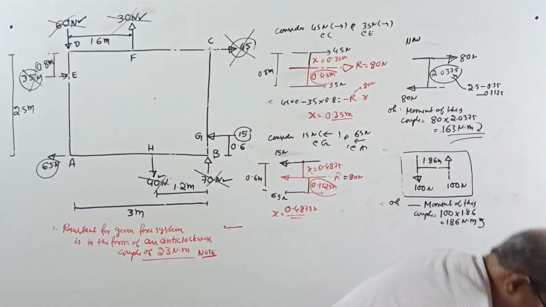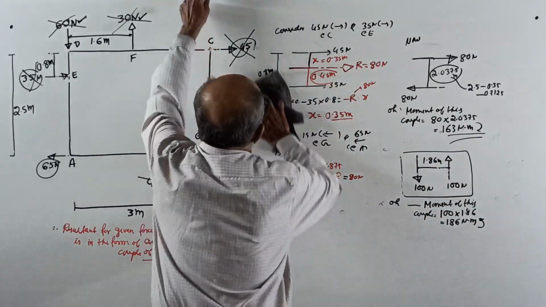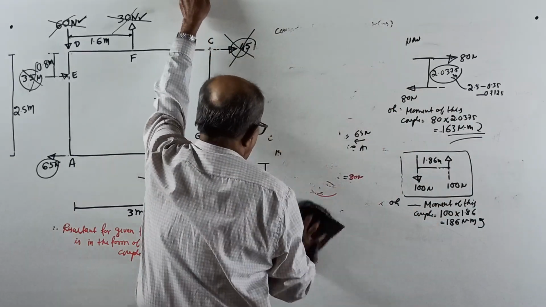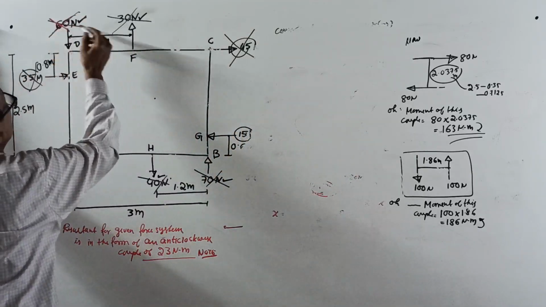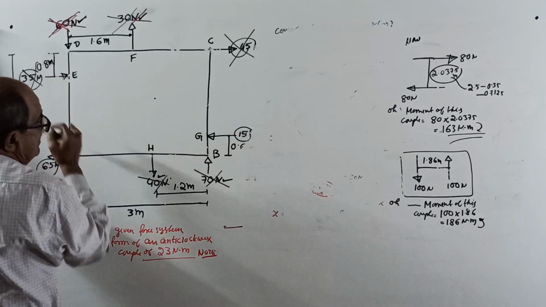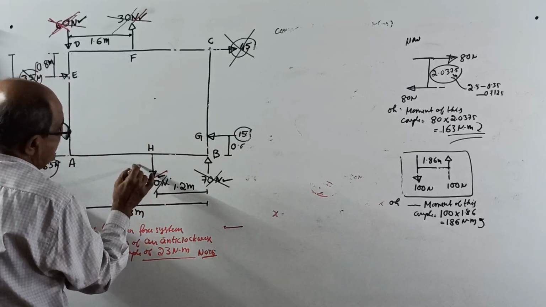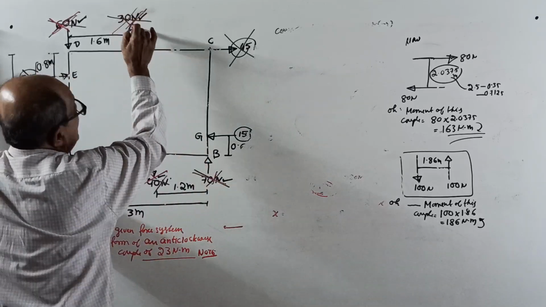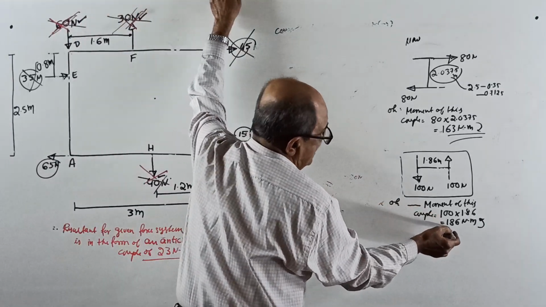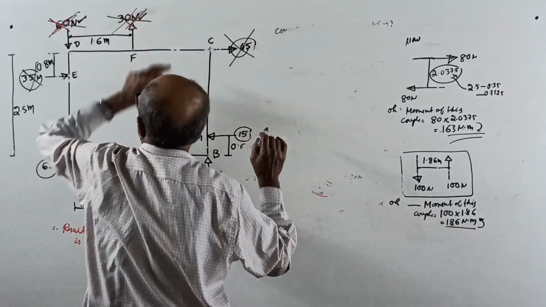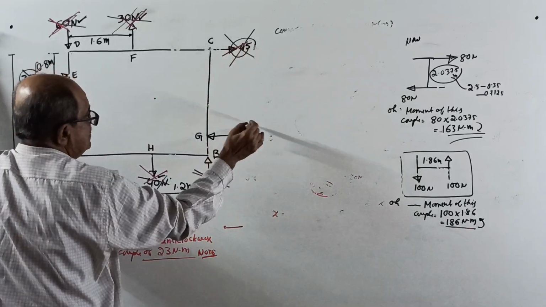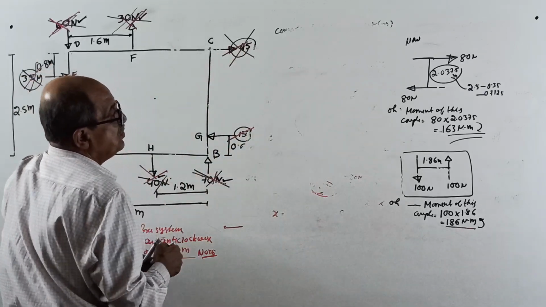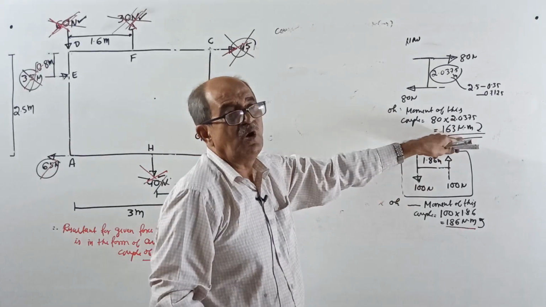Therefore, conclusion now. Earlier I told you, you can remove this force, this force and this force, and put a couple of 186 Newton meter anti-clockwise. Now you can remove these two forces and everything else and put a couple of 163 Newton meter clockwise.